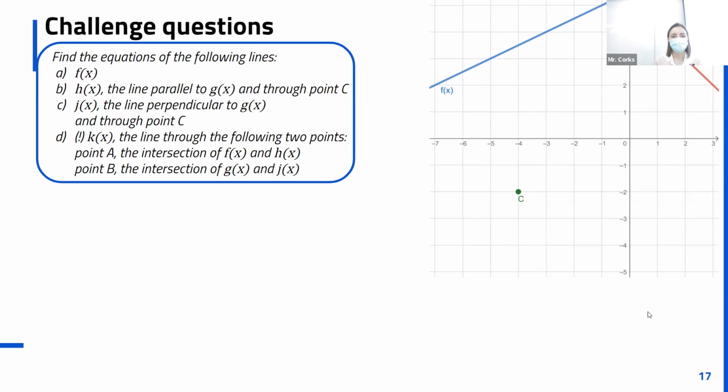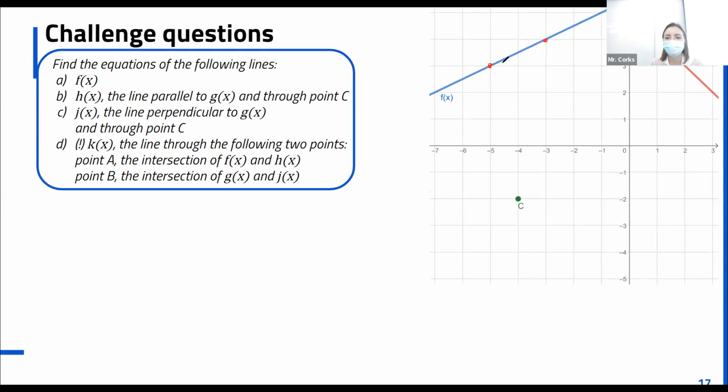So here, to solve the first one, to find the equation of f(x), you need to use the slope. You can choose one point, a second point, x1, y1, x2, y2, and get the slope.